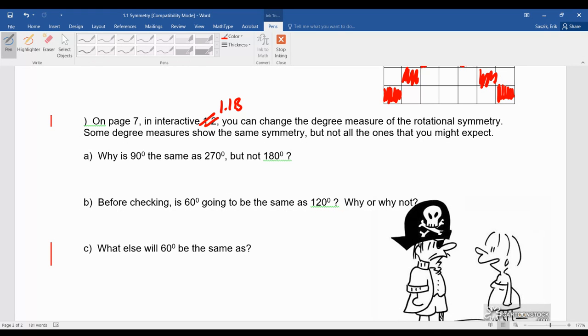And the bottom line is, why are these the same? Because these are the same number of degrees from 360. So this one's 90 before 360. This is 90 after. And because of that, they're going to cover the same pattern.